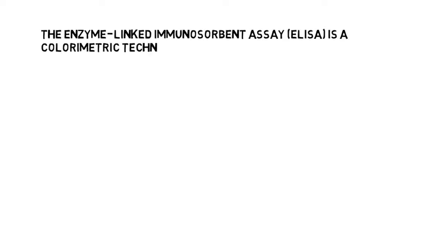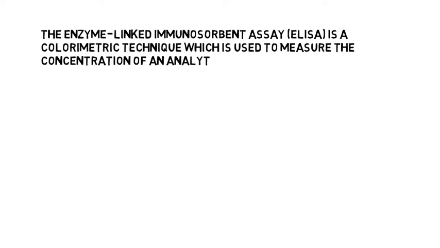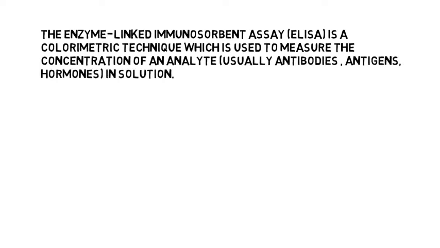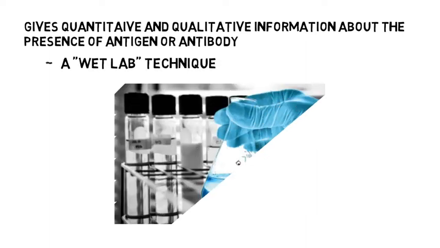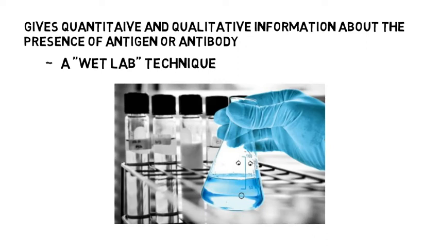ELISA is a colorimetric technique which is used to measure the concentration of various analytes, including antigens, antibodies, and hormones, by a color development reaction. It gives quantitative and qualitative information about the presence of antigen or antibody. It is a wet lab technique because the analyte to be measured is in a liquid state and liquid reagents are used during analysis.